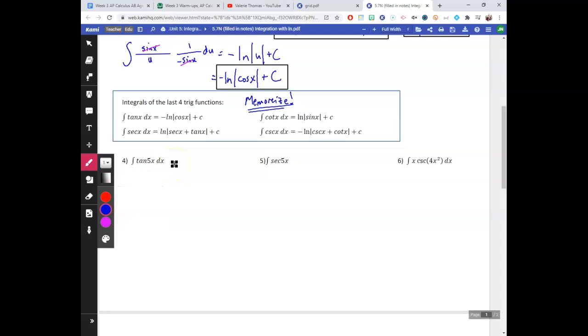So we still need to do u substitution because we have 5x inside of that. So let's make u be 5x. du is 5 dx, so dx is going to be 1/5 du. So we get the integral of tangent of u times 1/5 du.